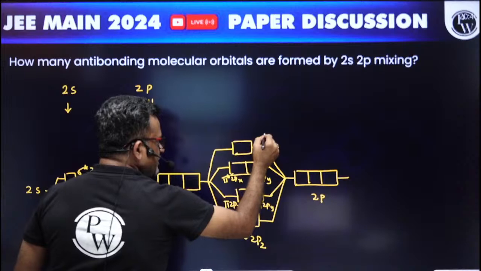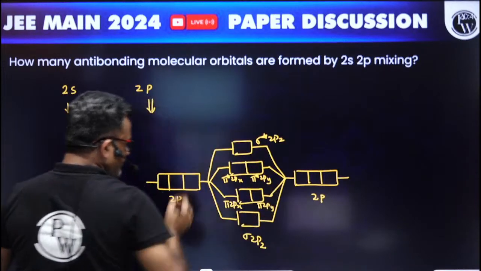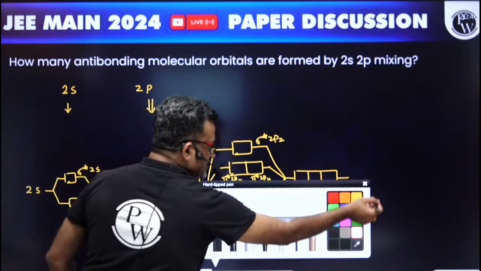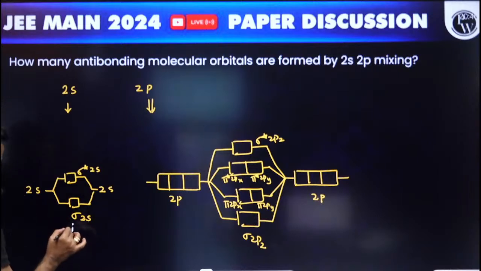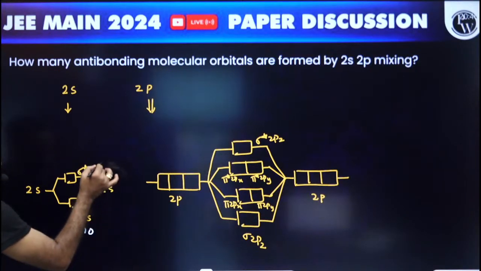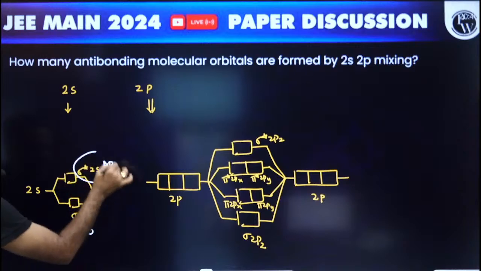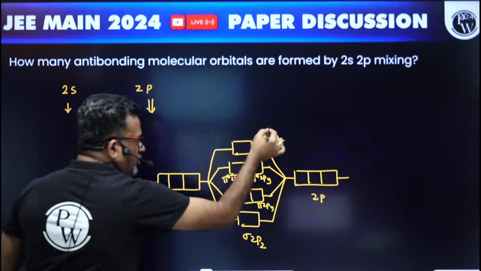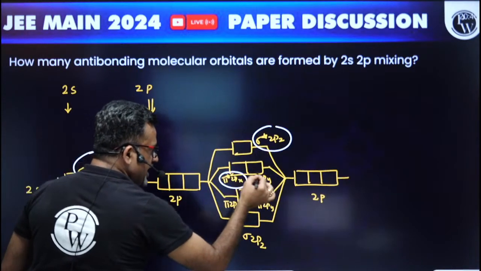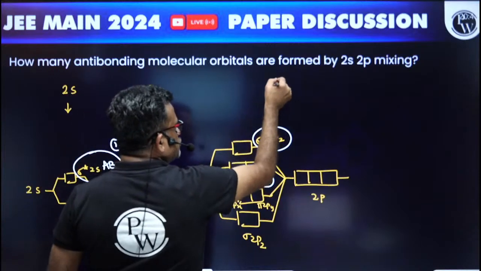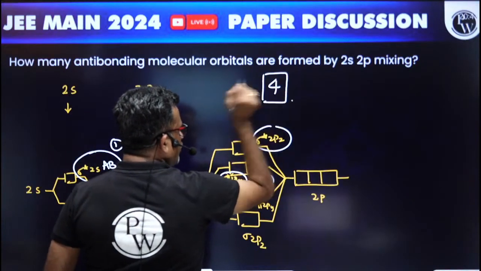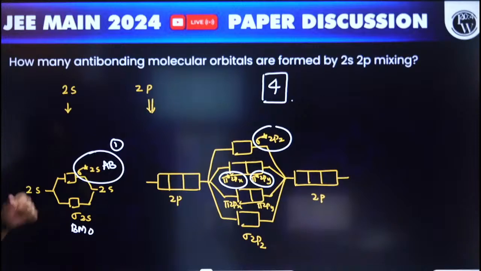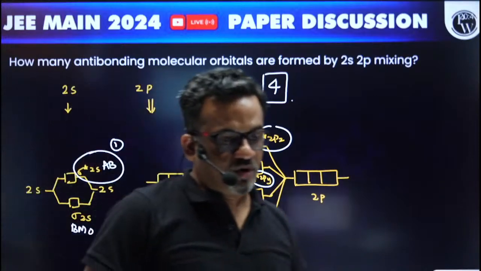This would be your sigma star 2pz. So how many antibonding molecular orbitals are there? Here these are bonding molecular orbitals. These are antibonding: antibonding 1, 2, 3, 4. So your answer should be 4 antibonding. Is that clear? 4 antibonding molecular orbitals are there.